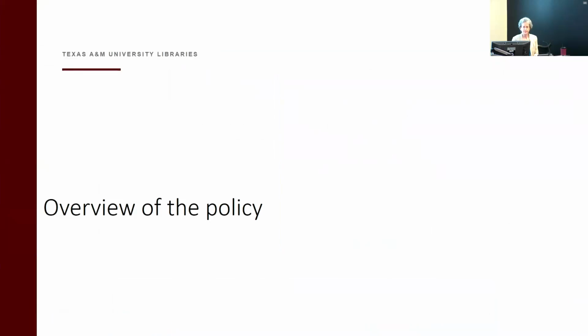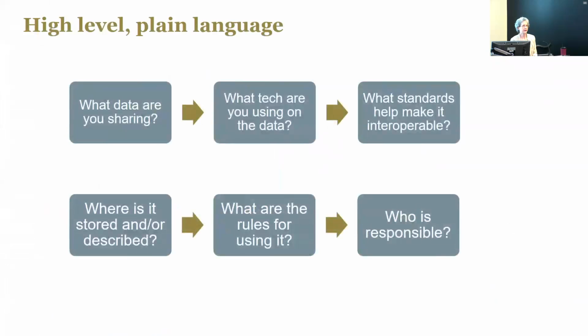So again, just my overview. Here's my plain language version of all of this. There's 6 different elements, and it basically boils down to describe in your sharing plan, what data are you sharing? What tech are you using to manipulate that data? Statistical software, whatever.